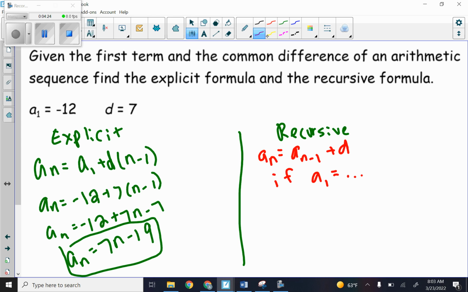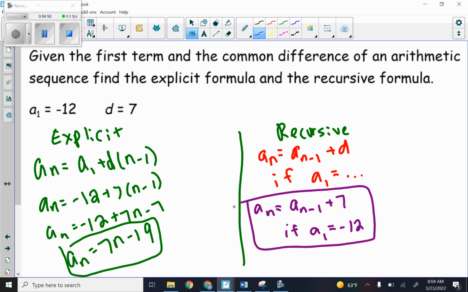Okay, for this one, I'm going to walk through just how to do it again, because this is what we're learning. A sub n equals a sub n minus 1 plus 7 if a sub 1 equals negative 12. And there is your recursive formula.